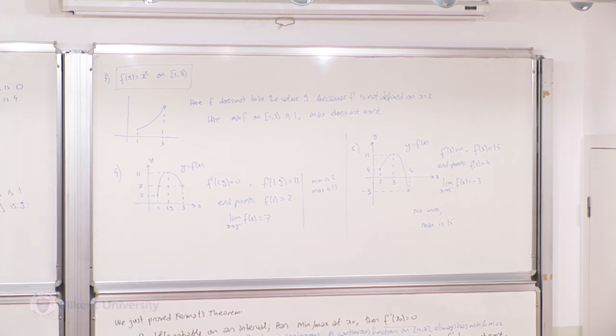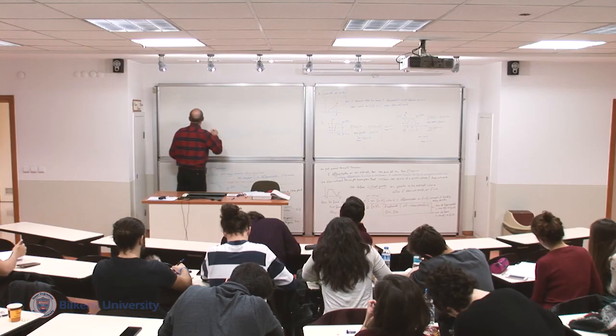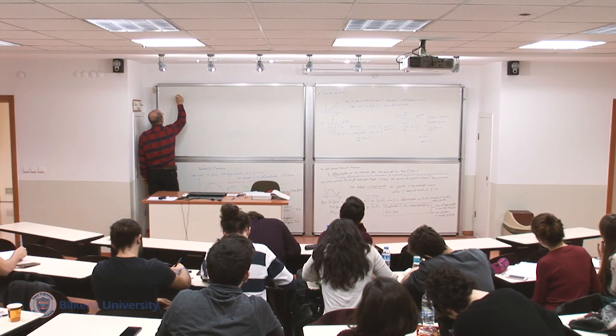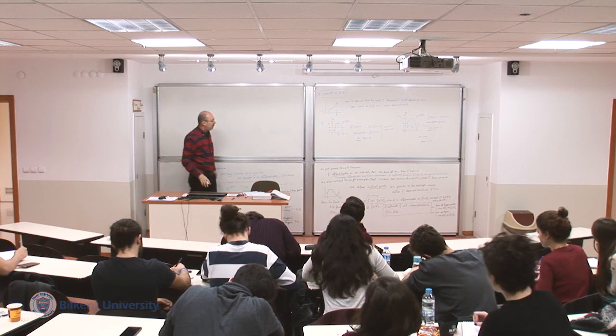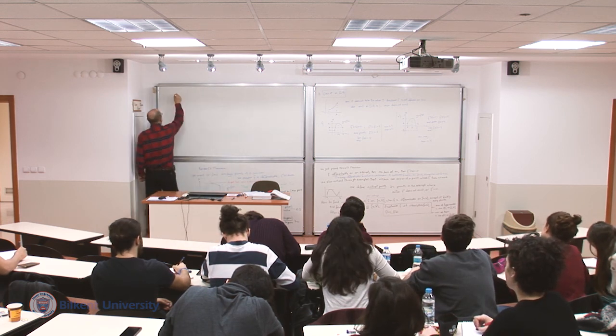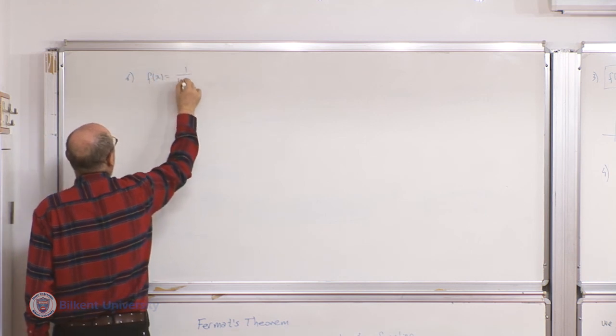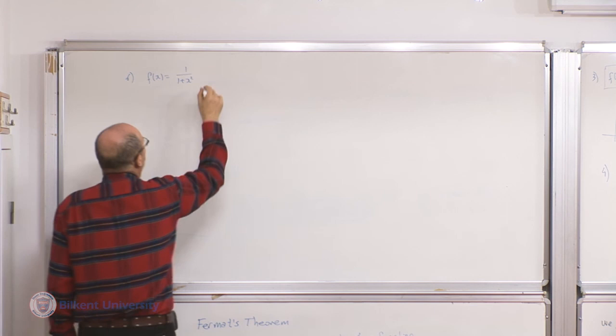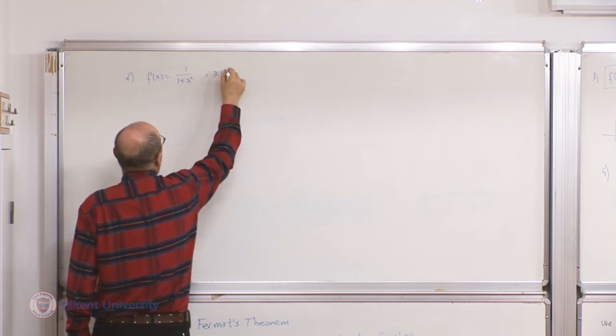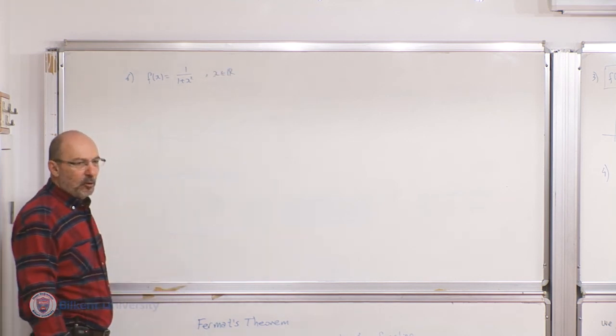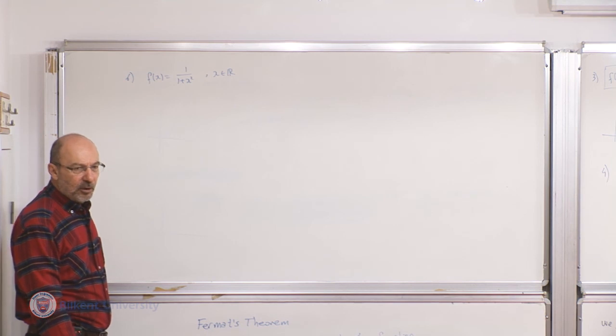Okay, so let's see. Let's erase this one. It's easier to erase. Okay, so this is, what's the number there? 5, 6. F of x equals 1 over 1 plus x squared. So x is on R. So the domain is not closed and bounded.